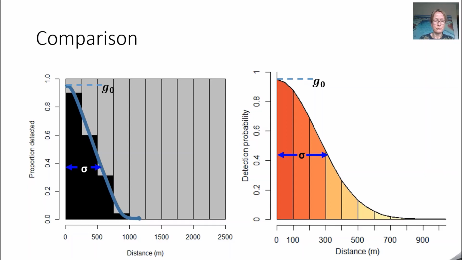In the next lecture, part 2 of this chapter, chapter 1, we'll learn how we can use the ideas from mark recapture or capture recapture to help us with estimating these parameters while getting around the problem of not knowing how many calls each animal made. In the lecture Introduction to SCR, we'll then learn how we can get around not knowing the distances.